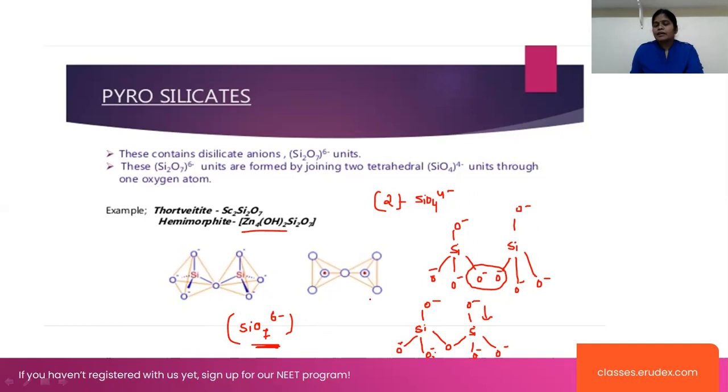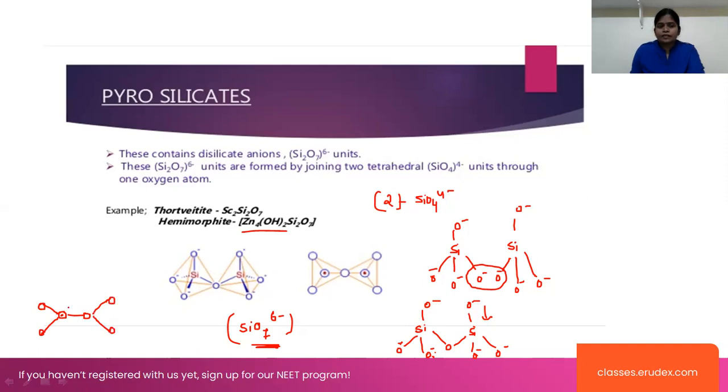So whenever we are seeing the top view representation, look at the top view representation. In this case, we will write the top view representation as, look at, this is the dotted line as the silicates here, and again this oxygen. Look at here, this will be the oxygen. Now here, this will be the oxygen.